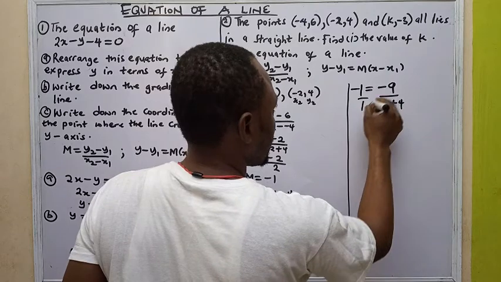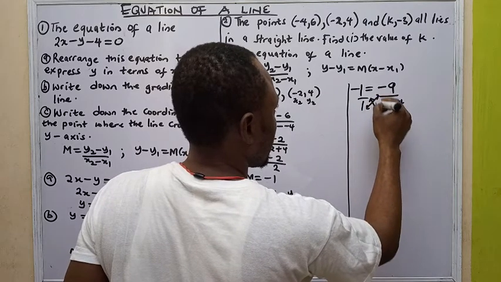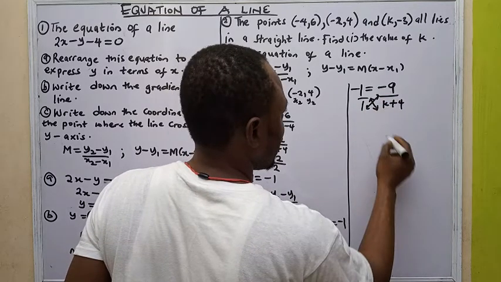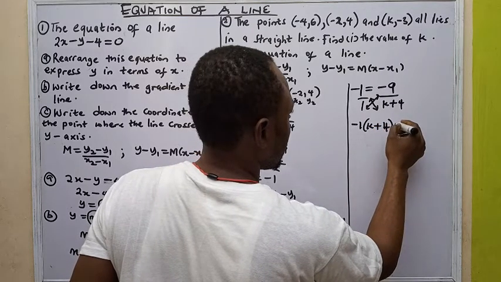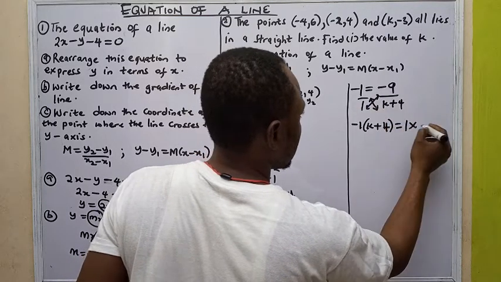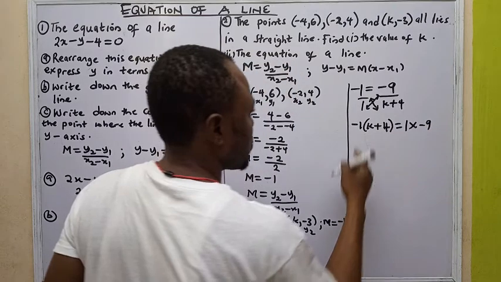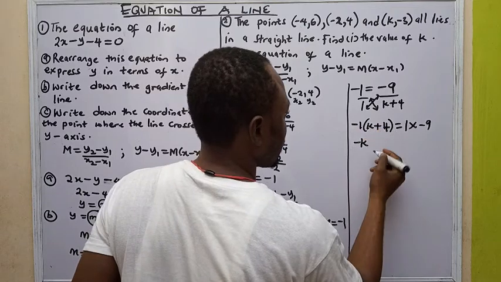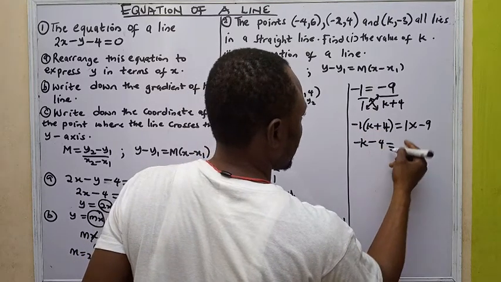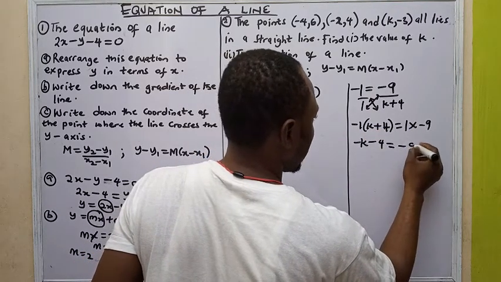So I'm going to cross multiply. So if I do that, minus 1 will multiply k plus 4 equal 1 times minus 9. So minus 1 times k will give me minus k, minus 1 times plus 4 will give me minus 4, equals 1 times minus 9 will give me minus 9.